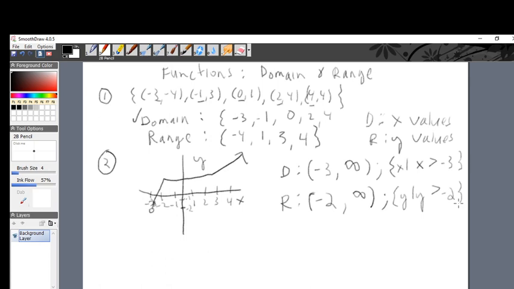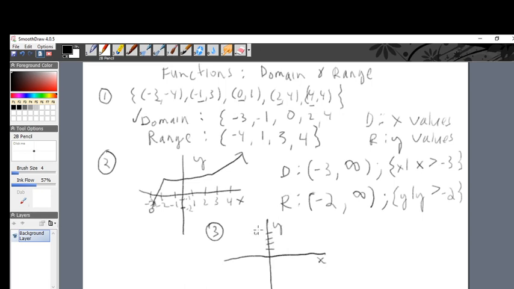Okay, now one more. What if you have problem number 3, also a graph, y-axis and x-axis, and here's what it looks like. This goes up 1, 2, 3, 4.